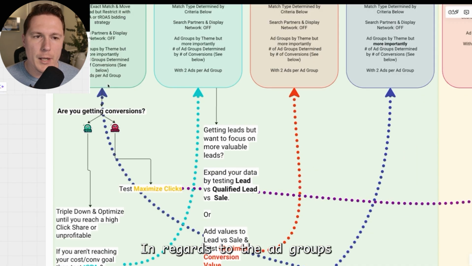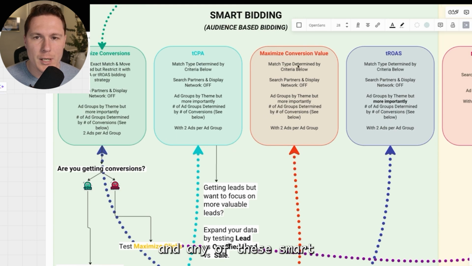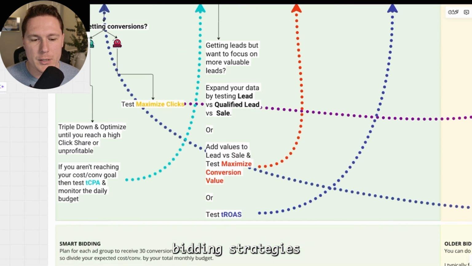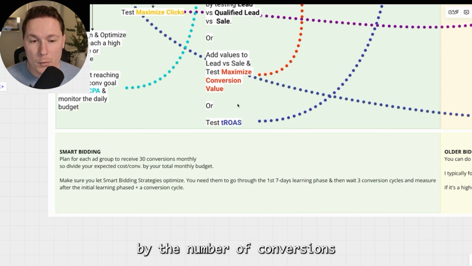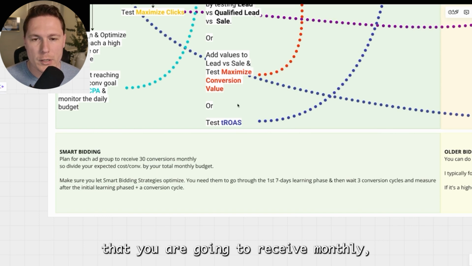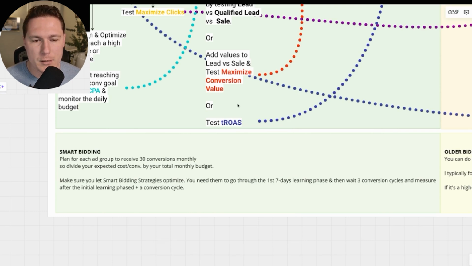In regards to the number of ad groups that you want to use for maximize conversions and any of these smart bidding strategies, it's ultimately determined by the number of conversions that you are going to receive monthly or that you can predict. Now, you may not know, but take an educated guess.